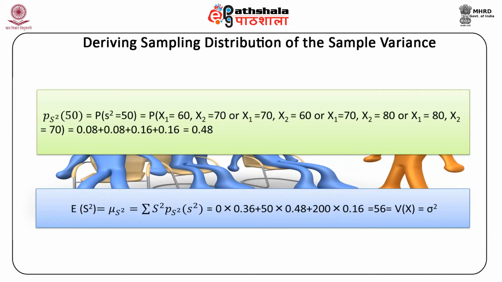Therefore, we get the expected value of S square, which could be written as mu S square, equal to 0 into 0.36 plus 50 into 0.48 plus 200 into 0.16, which is equal to 56, which is equal to the variance of x, that is sigma square.